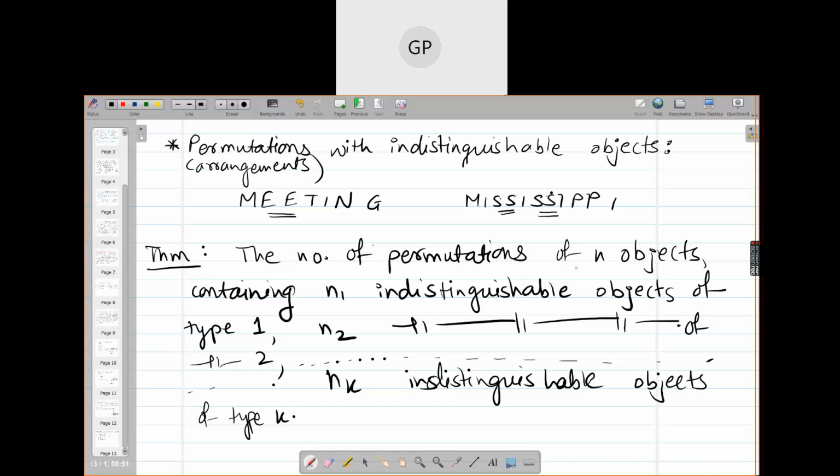The number of permutations of n objects containing n1 indistinguishable objects of type 1, n2 indistinguishable objects of type 2, and so on, nk indistinguishable objects of type k is n factorial upon n1 factorial into n2 factorial and so on up to nk factorial.